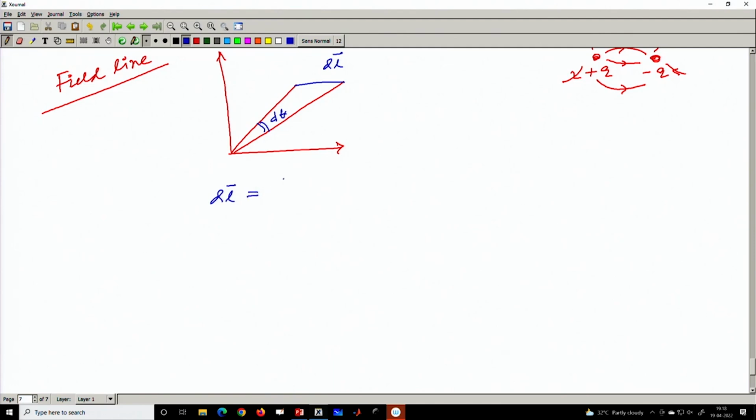in polar coordinates is simply dr times the r unit vector, plus r d theta times the theta unit vector. So, this is the way the line segment is written in polar coordinates.